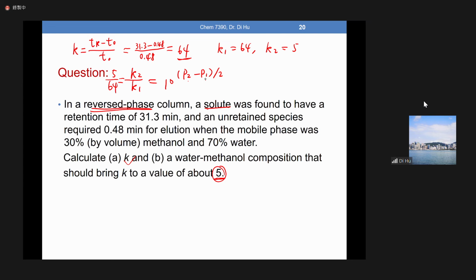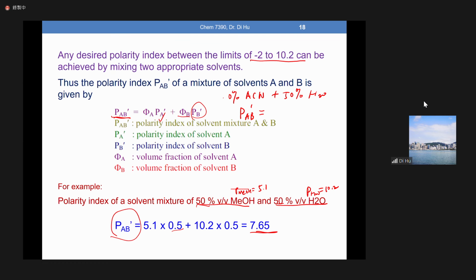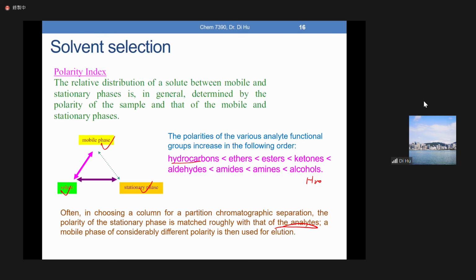First, can we know P1? Yes. How to do that? Because we already know it's 30% methanol, 70% water. So we check the methanol value for P1. If you go back to the table, methanol is 5.1 and water is 10.2.